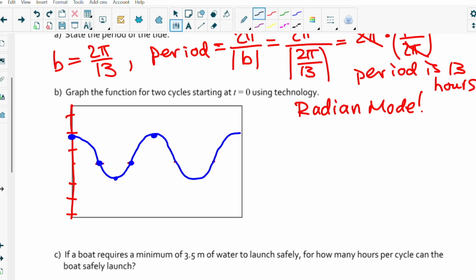What's my window? So the x window is 0 to 26, with units of 1. And then the y window starts at 2, so 2, 3, 4, 5, 6, 7. So 2, maximum of 5.